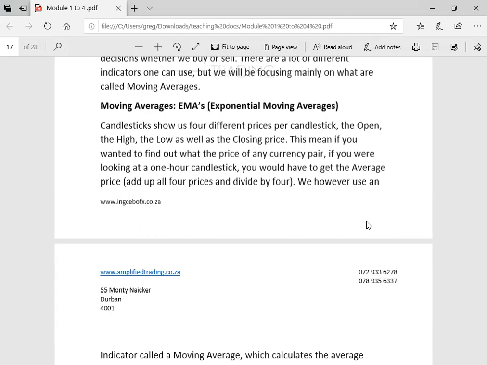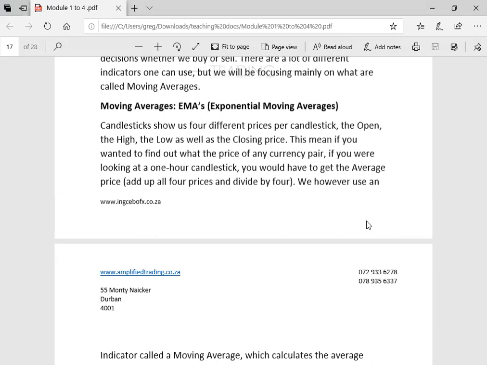Okay. Now, the moving averages, as I mentioned about the moving average previously, EMA, exponential moving average, and simple moving average. Right now, the exponential moving average, sort of like how the simple moving average works, it just takes the average of the past couple of candles, depending on which time horizon you picked.